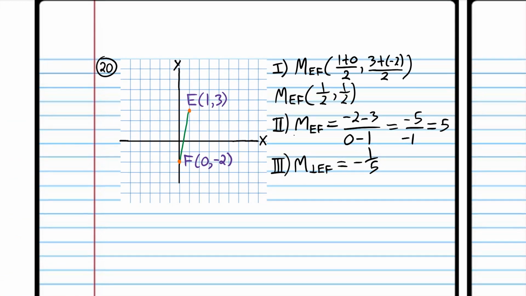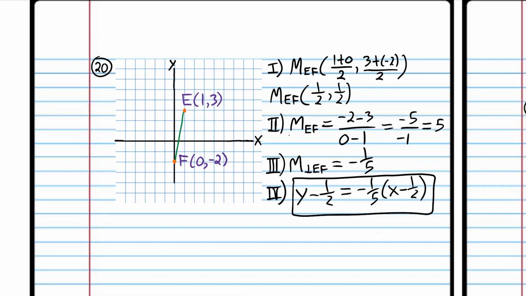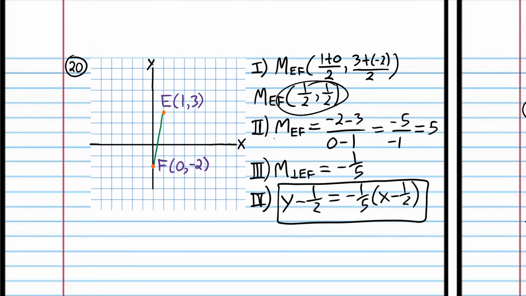So now that we have a point on the perpendicular bisector and we have the slope of the perpendicular bisector, we can write the equation of the line, and we have to use that point, 1/2, and the slope we just found, and that is the answer. So if you got that one right, again, we used this point, and we used this slope. So we got that answer. Good job.